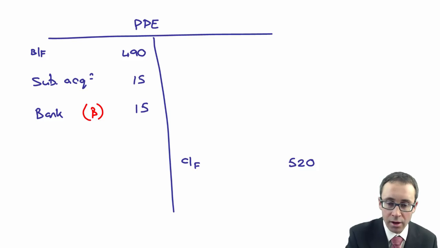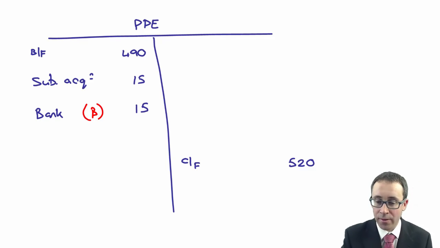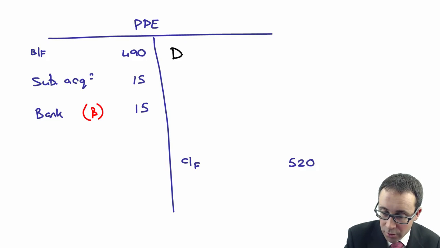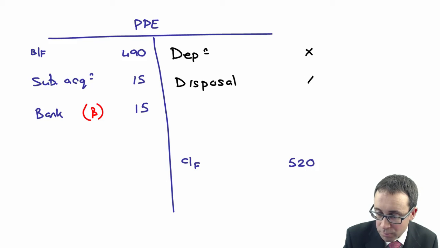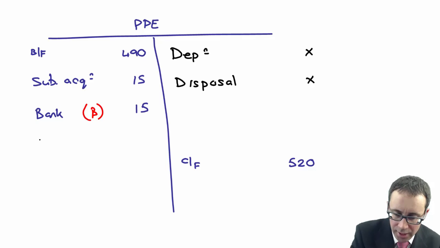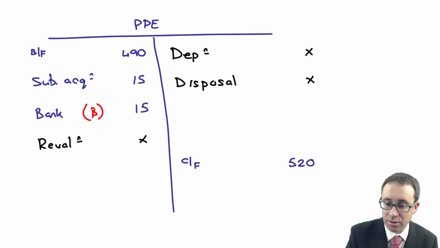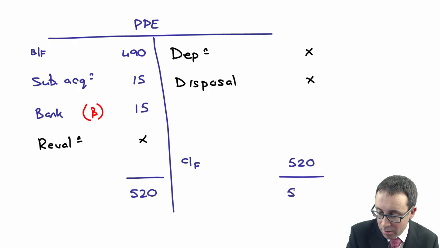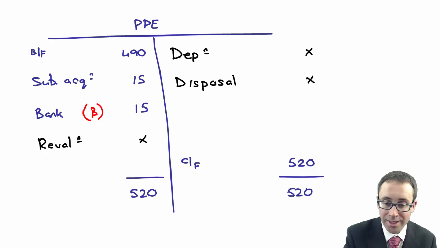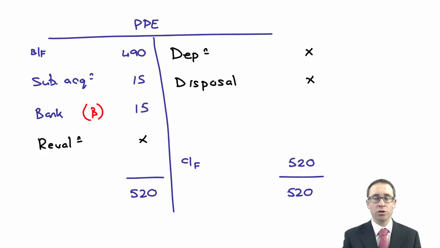There could be additional bits that you could have within the question. You could have maybe some depreciation. Okay. You could have maybe a disposal. You could have maybe the revaluation. So there's going to be quite a lot within a question to do with PPE that you could potentially be expected to adjust for.